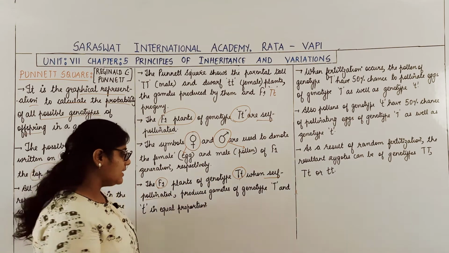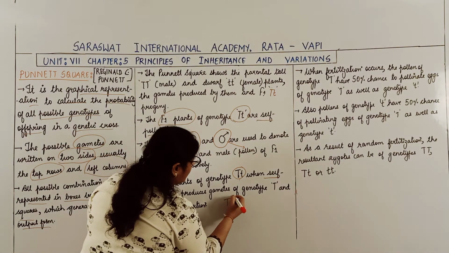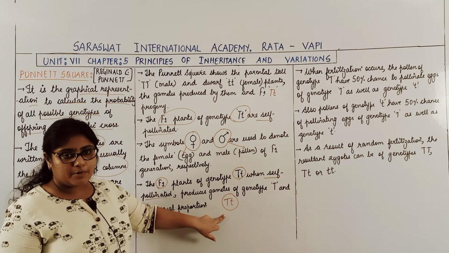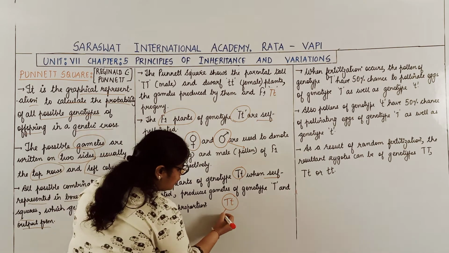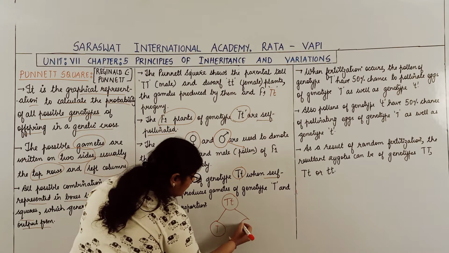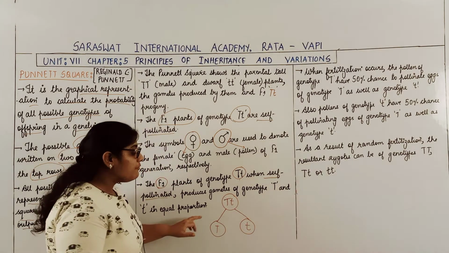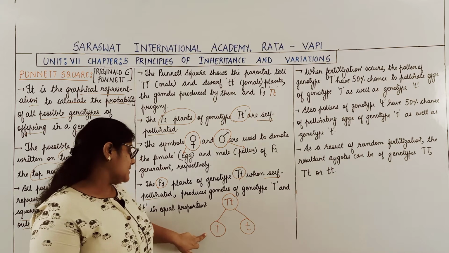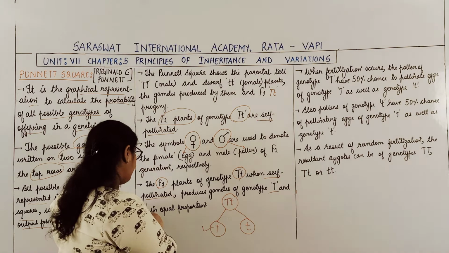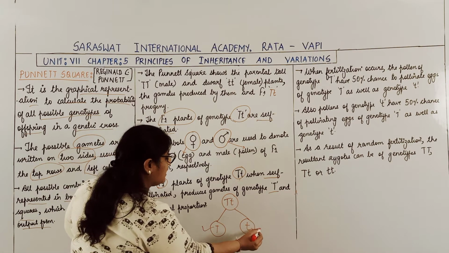So what will be the genotype of the gametes produced by these F1 plants? 50% of the gametes will have the genotype capital T, and 50% of the gametes will have the genotype small t.